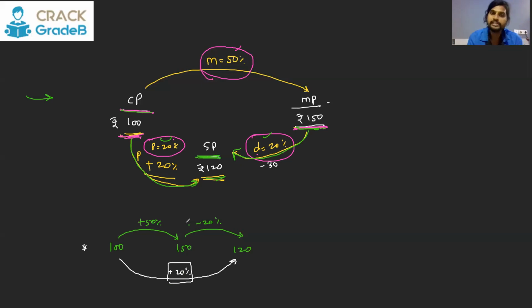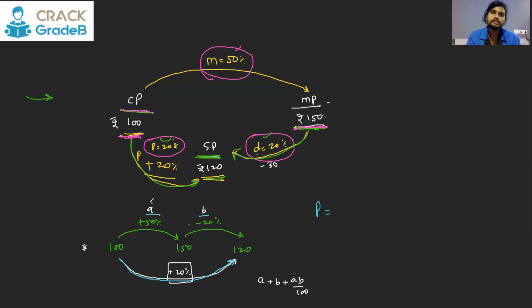And the successive percent change formula is, if this is A, this is B, then the successive percent change formula was A plus B plus AB upon 100. But here, we amend it a little bit. We have to calculate this part here. What is the resultant change, which we call profit percent? It should be the resultant of A and B here.